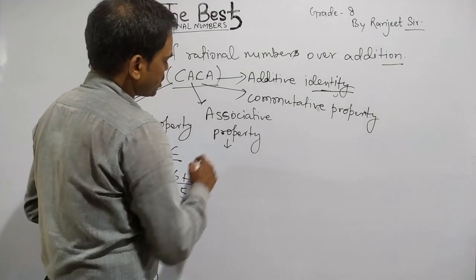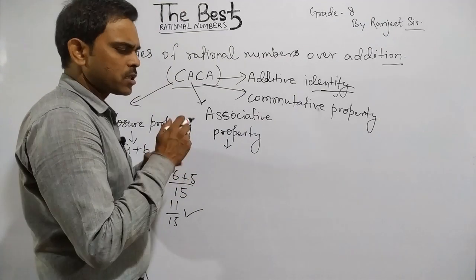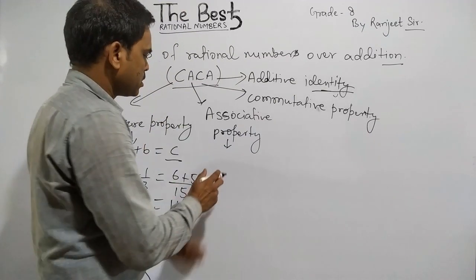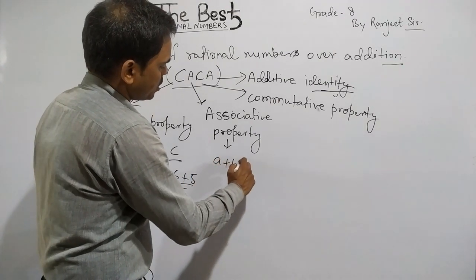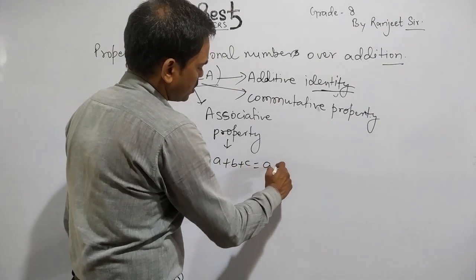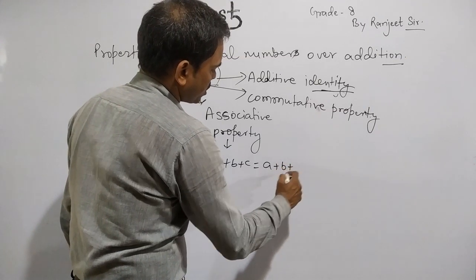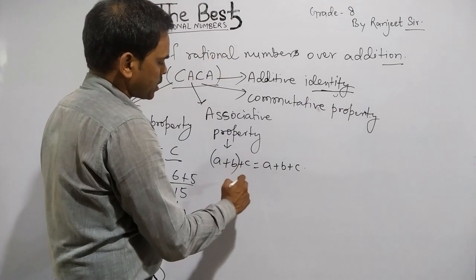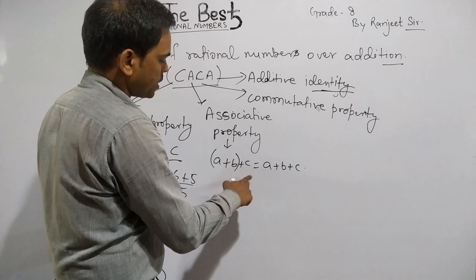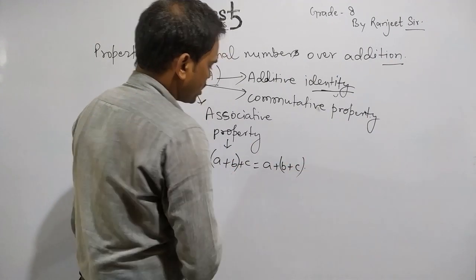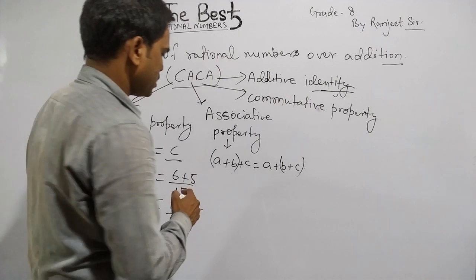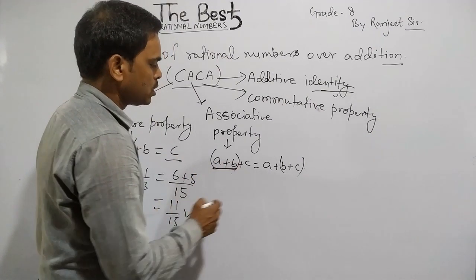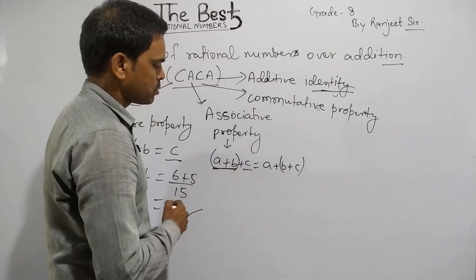Associative property: here you will add three rational numbers and the grouping is changed, like a plus b plus c. This side I am taking the same rational numbers, but by taking the bracket you can see the order is changed now on both sides. Here first I am adding these two, then the result will be added to c.